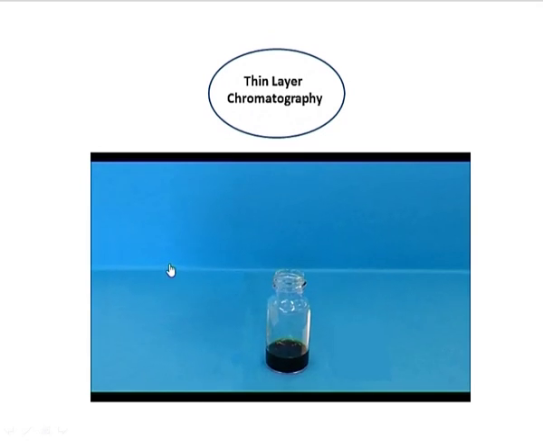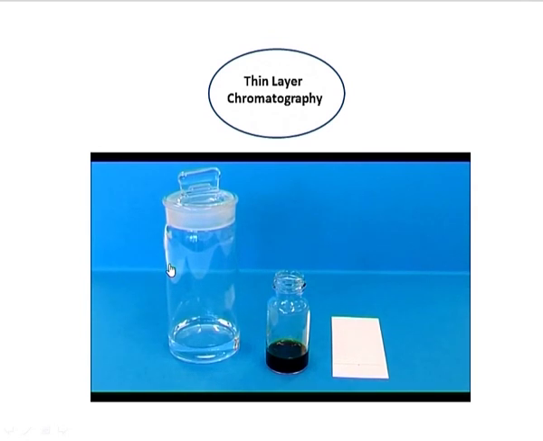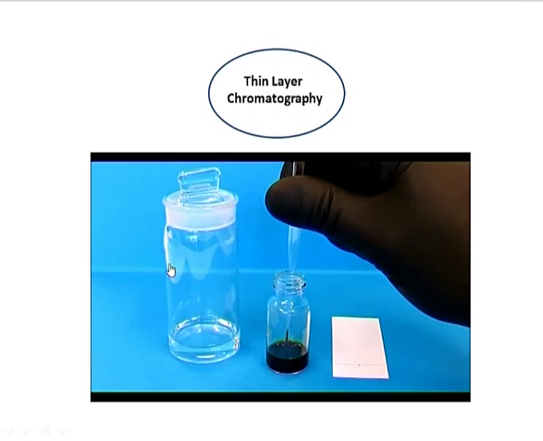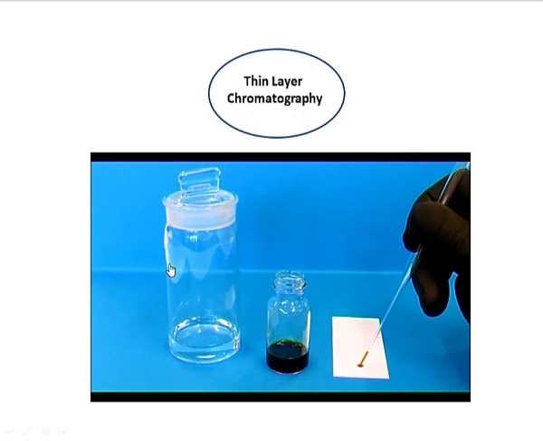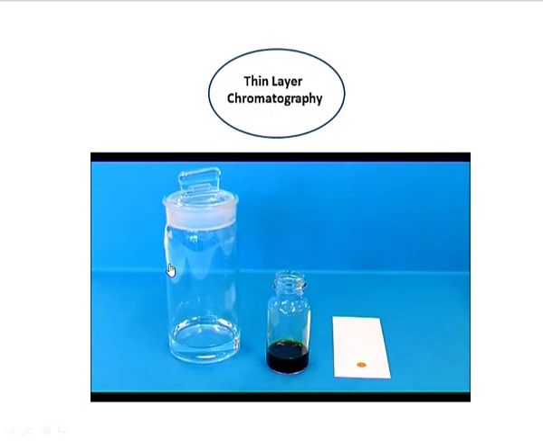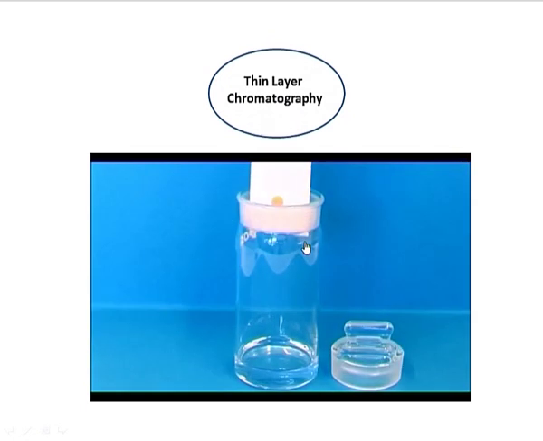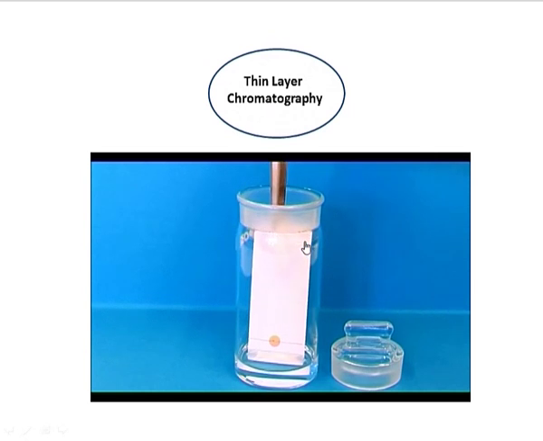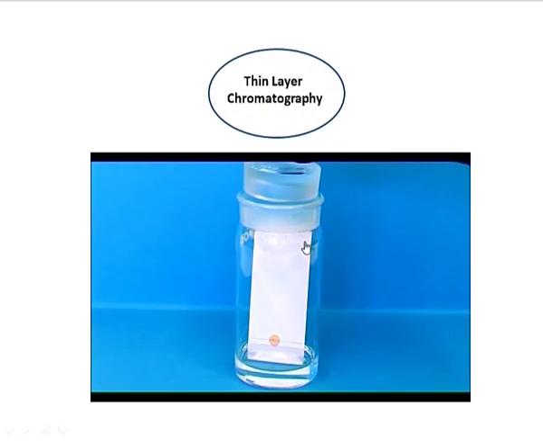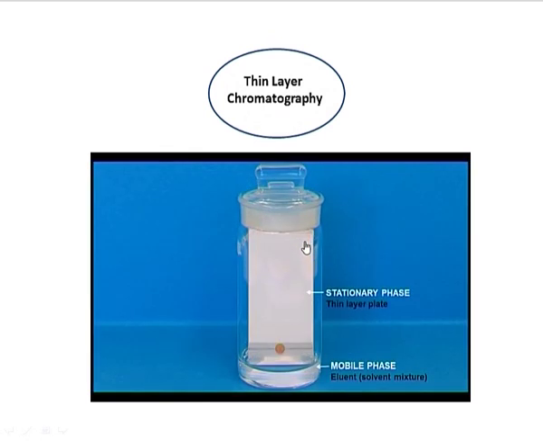Okay. Now see this very carefully, I was mentioning the process of spotting, and this is the process of spotting. You put a spot of the solute mixture and then dip this plate inside a chamber which is saturated with mobile phase.